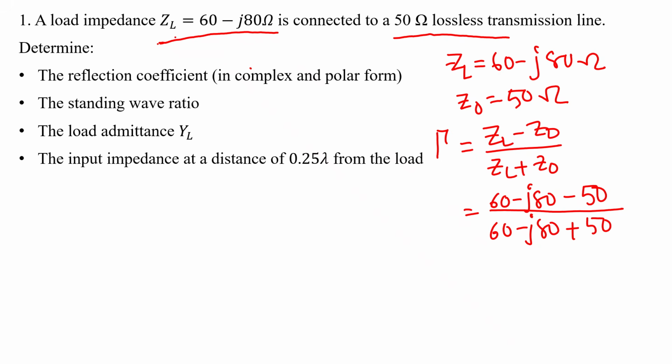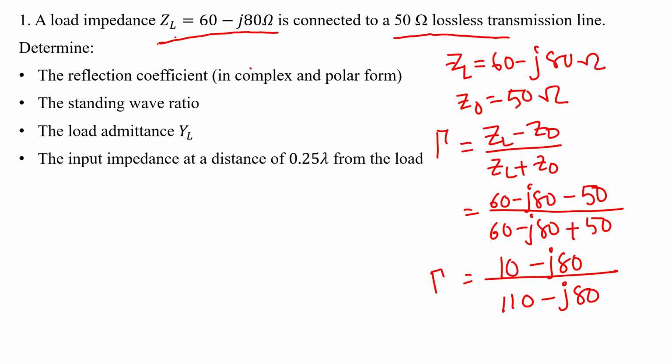So what we need to do now, we have to subtract or add the real parts, and subtract or add the corresponding imaginary parts. 60 minus 50 will give me 10. Since there is only one imaginary term, it will remain as it is, 10 minus j80, then 60 plus 50 will give me 110, and it will be minus j80. So my gamma is 10 minus j80 divided by 110 minus j80.